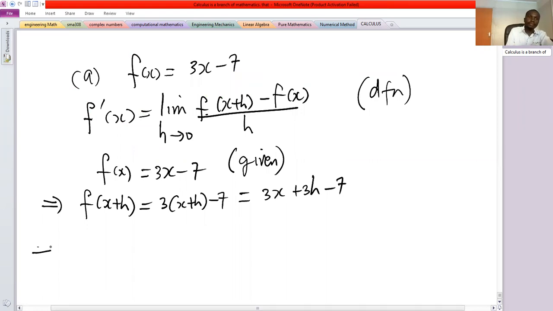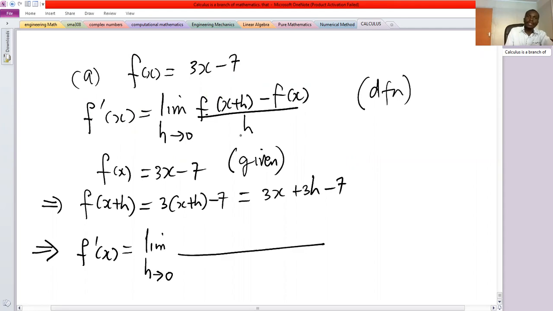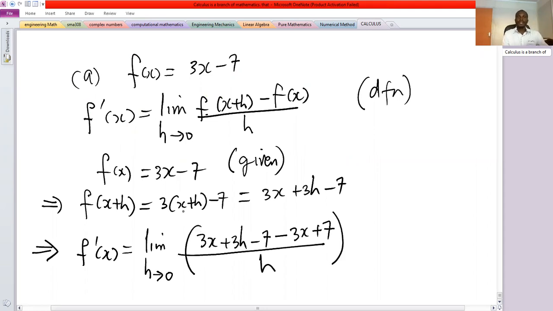So then f prime of x will be the limit as h approaches 0 of 3x plus 3h minus 7 minus 3x, so minus minus is plus 7, and then over h. So I've simply replaced this and this into the formula.